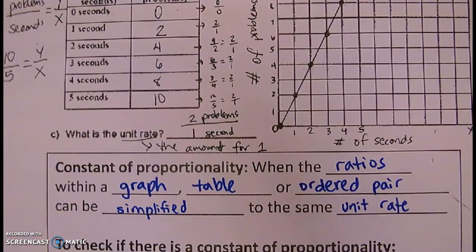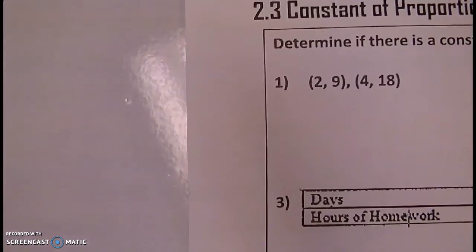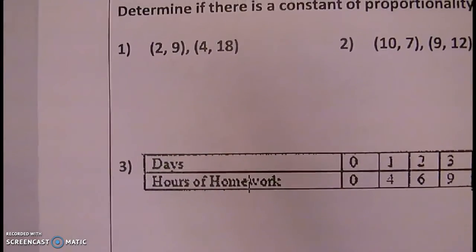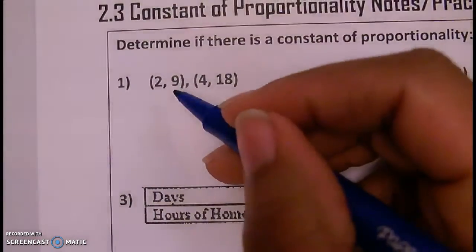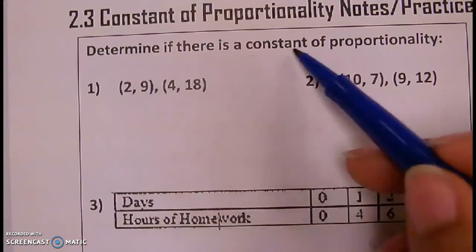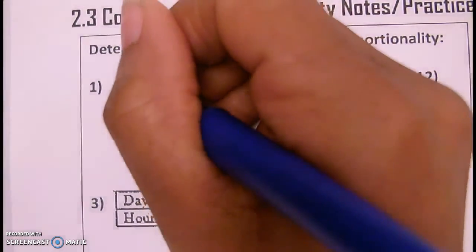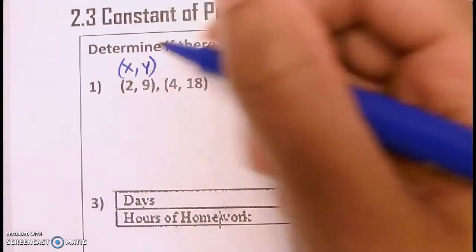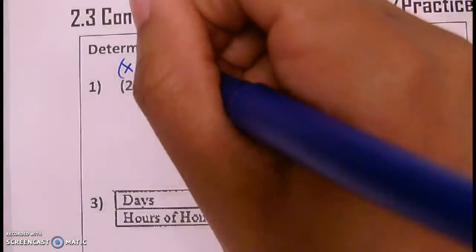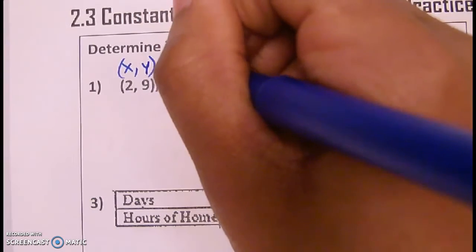So now I want you to flip over to your practice problems. I'm going to start you off on the first one. The first one, we have an ordered pair, and the question tells us to determine if there's a constant of proportionality. First of all, I know within an ordered pair, I'm always going to have x and y, just like this. Okay?